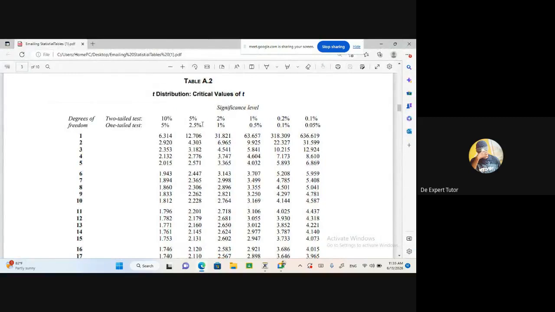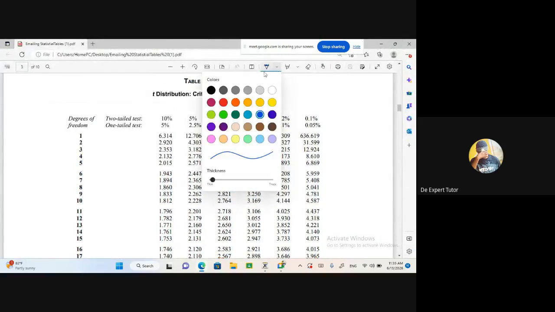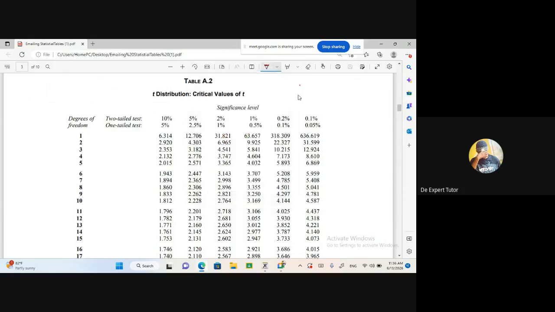Remember, look at what I'm dealing with here. This is my 5% two-tail test. Do you see? My 5% two-tail test, 2.5% one-tail, so it's the same thing.